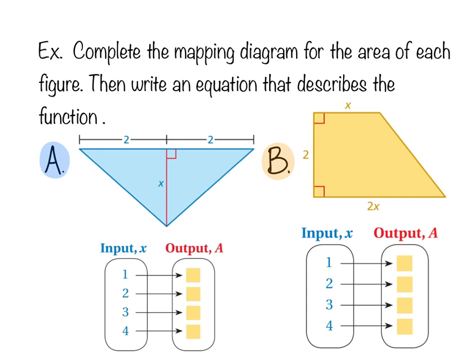So in this first shape, we've got a triangle, and we're finding the area of this triangle. So the equation we can write is A equals 1/2 BH, or BH over 2. And because we know the base is 2 on this side and 2 on this side, that makes 4. So we can plug in 4 for the base.